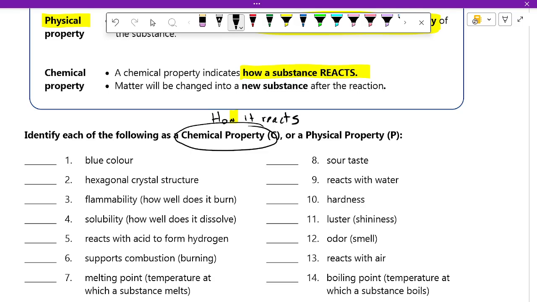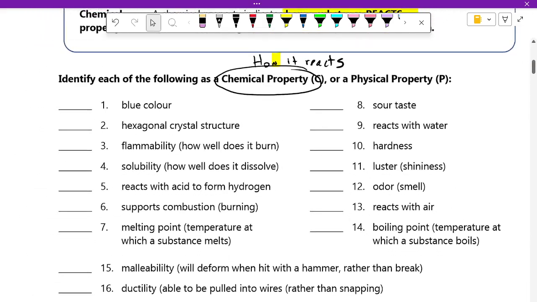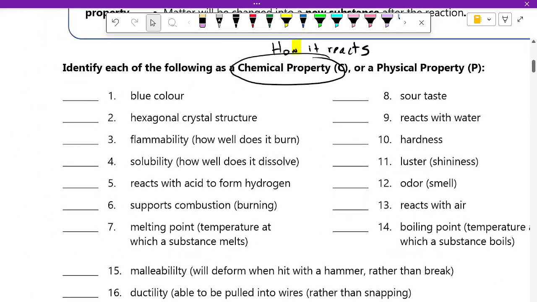So unless it's talking about how it's reacting, it's going to be a physical property. So blue. Blue is physical, P. All right, so you guys just say P or C as we go along, and then we're going to talk about some of the ones that might be a little weird, okay? Hexagonal crystal structure, P. Flammability, how well does it burn? C.